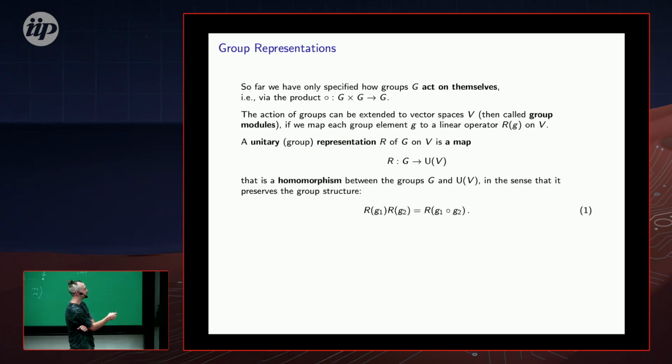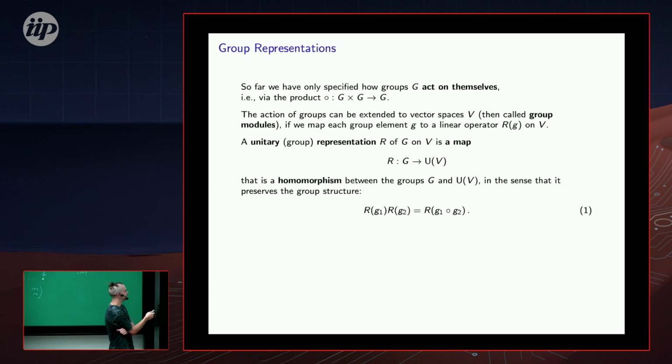And the condition that we impose on this map, in equation 1, is that the map preserves the group structure. If I compose G1 and G2 and then take the map, or I first map and then compose these operators on the image, I get the same thing, okay?